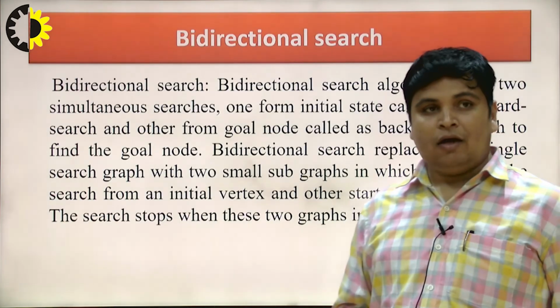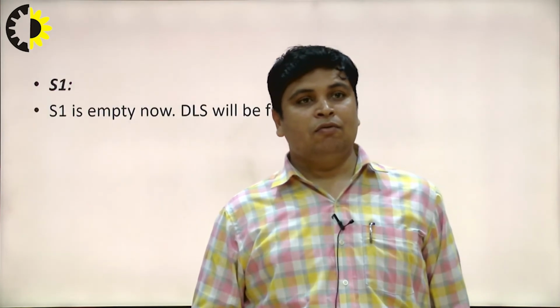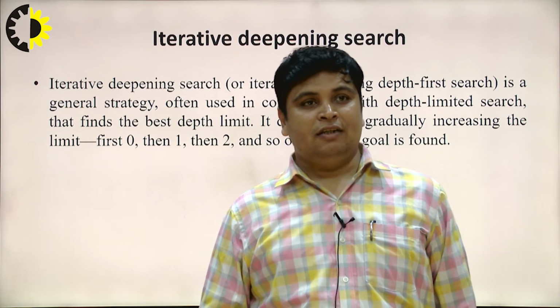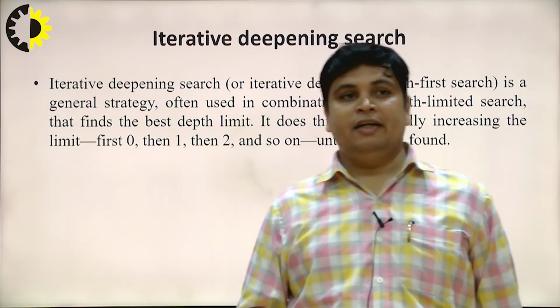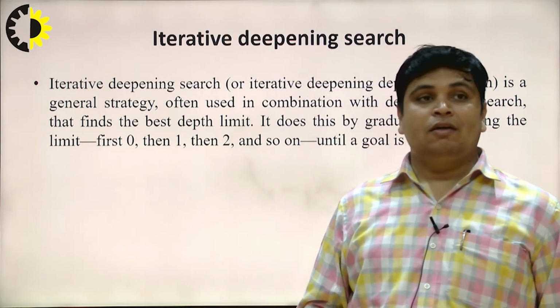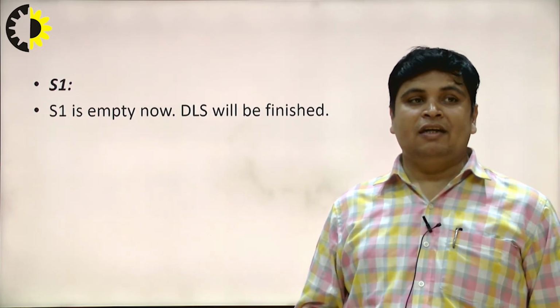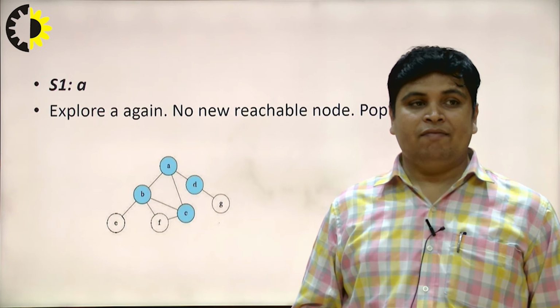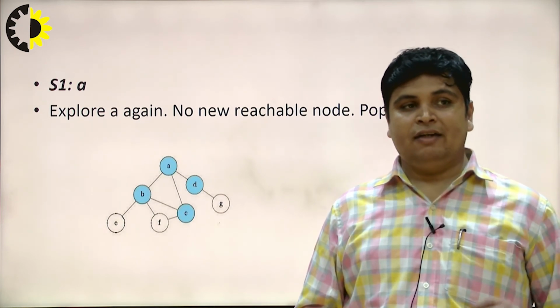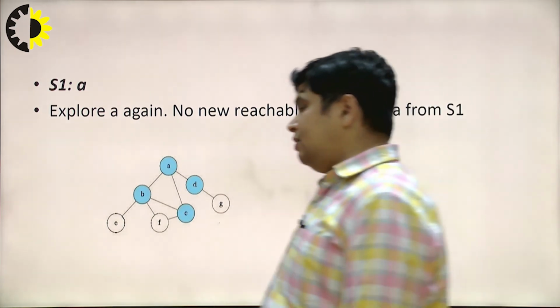Now again I will discuss the difference between iterative deepening search and depth limited search. You will see here in the previous example, if I want to find the goal state E, this is my goal state.